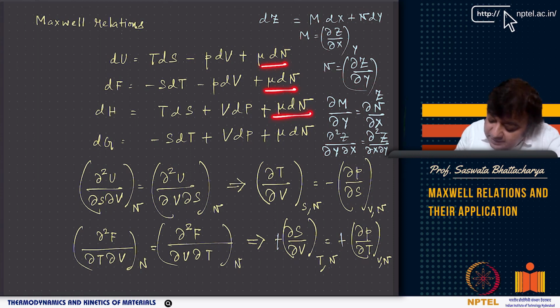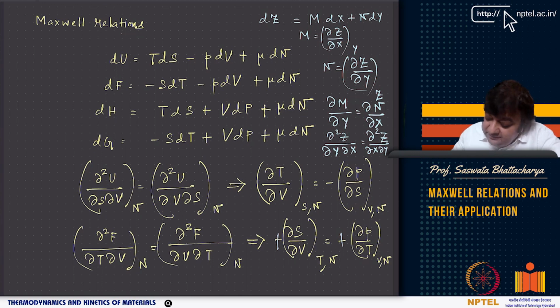So now it becomes del 2U del S del V at constant N. This is coming from the definition of exact differential. So del 2U del S del V is the same as del 2U del V del S. The order does not matter. So as a result, now you see, in one case it is del U del S and then del U del V.